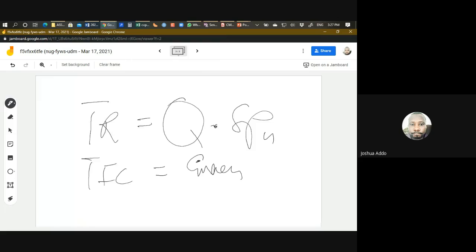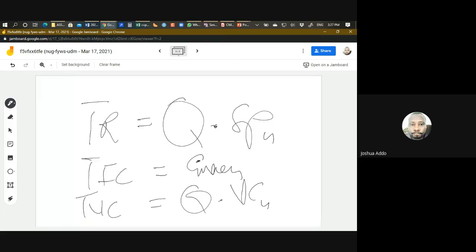It is not derived from any two variables. Total variable cost is derived from quantity multiplied by variable cost per unit. Right.